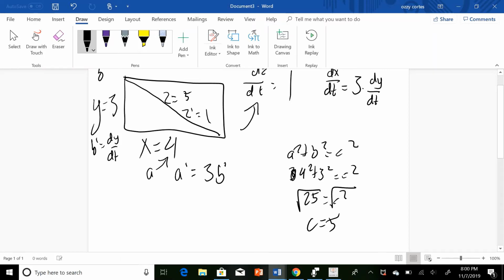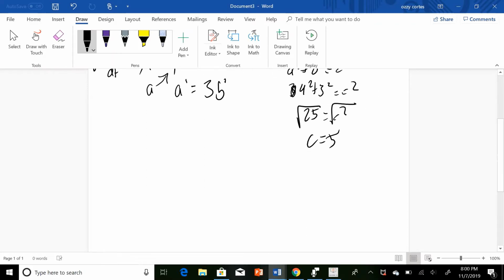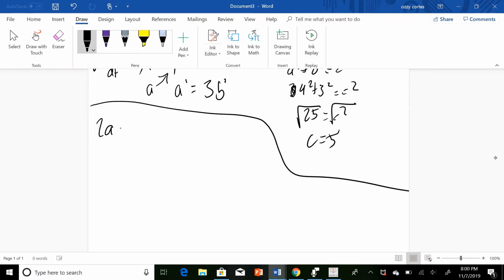So now in order to find what dx over dt is, we have to take the derivative of the Pythagorean theorem, which is 2a a prime plus 2b b prime equals 2c c prime, right?